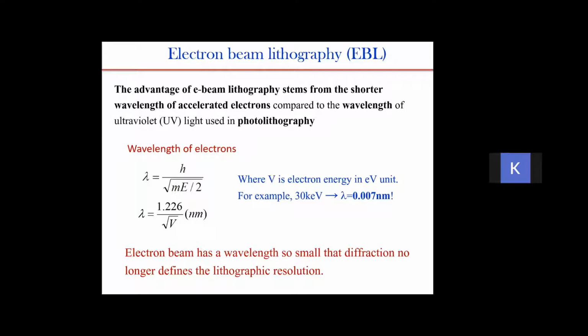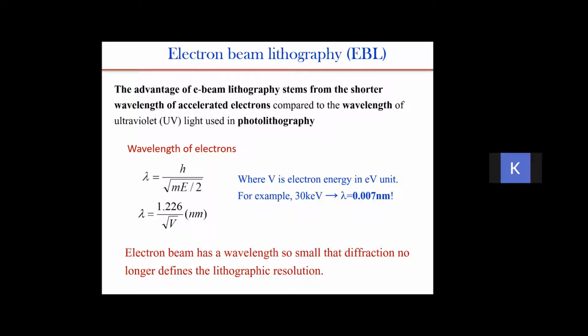We know from the given formula that if you have an accelerating voltage of V, the wavelength of the electrons is 1.226 divided by root V, in the nanometer range. If we take 30 kilovolts of accelerating voltage, the wavelength comes out nearly to be 0.007 nanometer. Obviously, if you increase the accelerating voltage, the wavelength will also decrease.